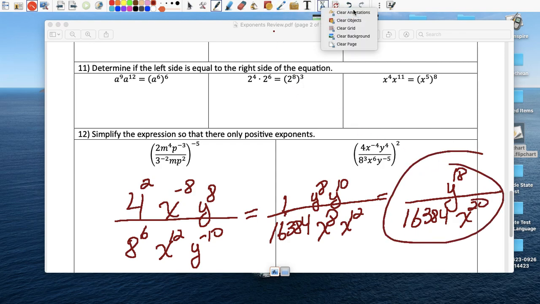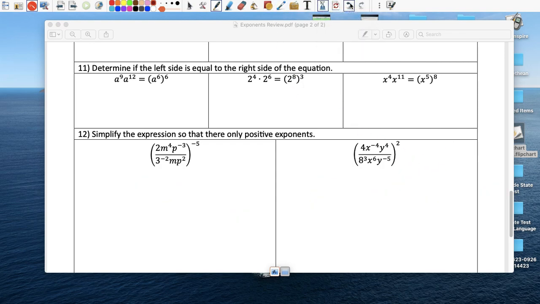Just give me a second. I want to know why I'm not able to simplify. 16 over 8 over 20.